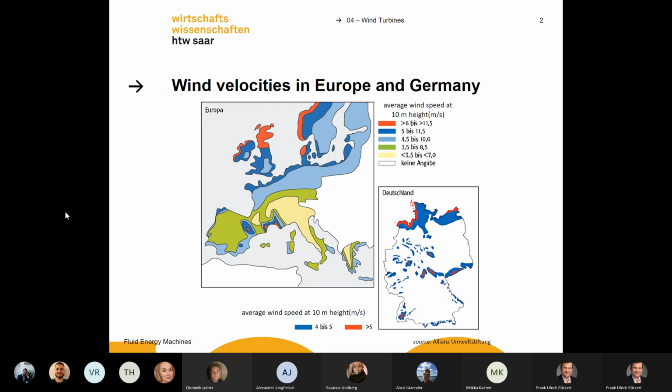So this wind velocity is quite suitable for wind turbines. We can use them, they will work, they are efficient. So yeah, I think wind velocities in Europe and Germany are quite well for this type of energy production.